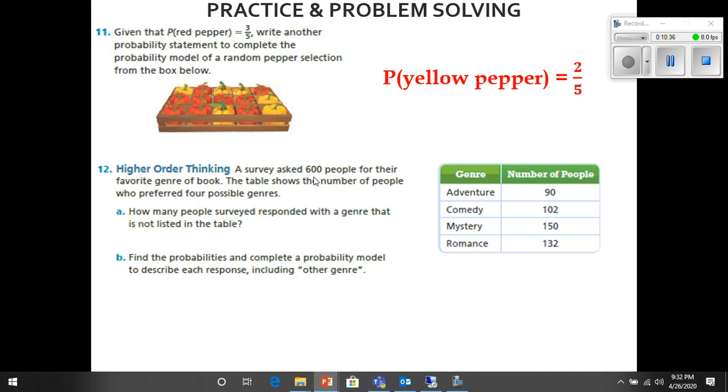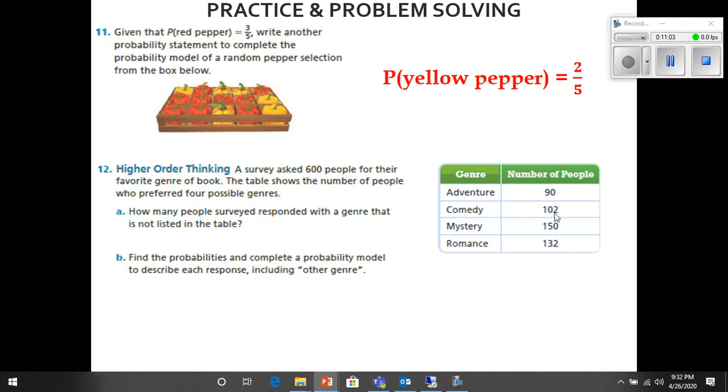Well, remember they said there were 600 people. We have to add up all these, and if I do, I see that there is 132, plus 150 will give me 282. Now we have 282 plus 102, which would be 384.